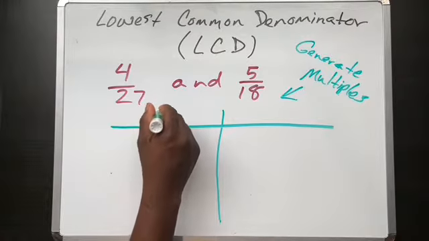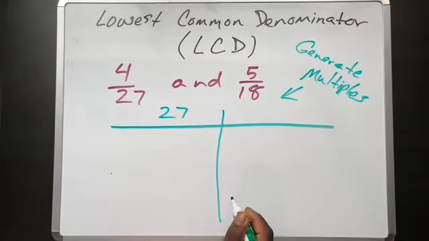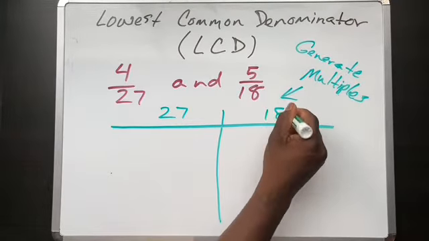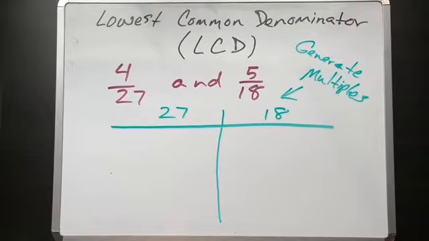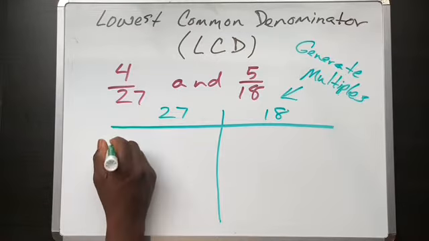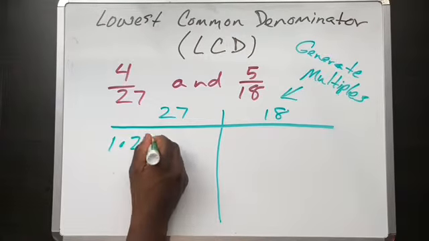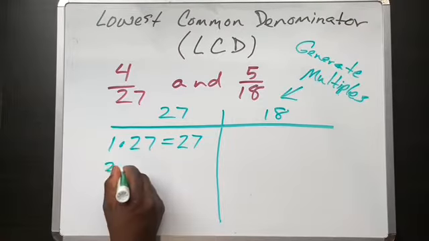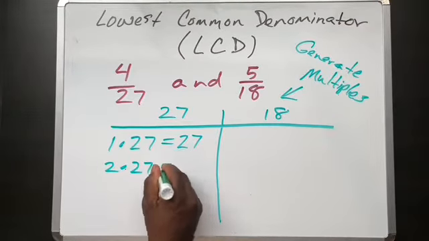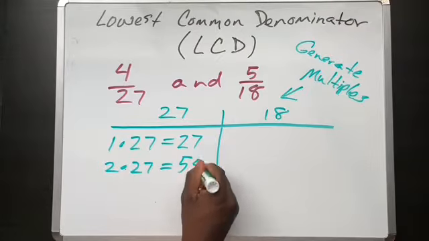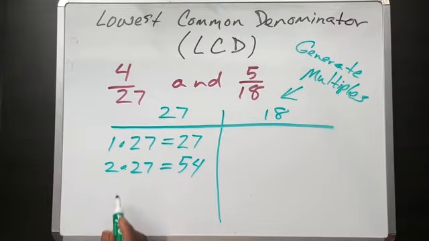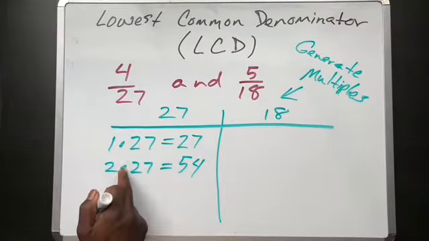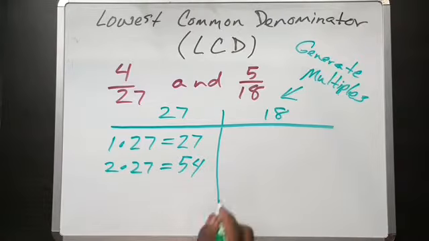So we want to find the multiples of 27 and the multiples of 18. What you do is you use counting numbers and multiply them times your numbers. So you've got 1 times 27, of course, which is 27. 2 times 27, which is 54. I'm going to stop right there. Usually you can keep going, and sometimes you may need to keep going. But let's go over here.